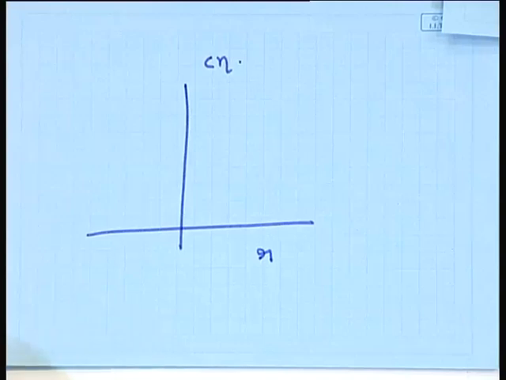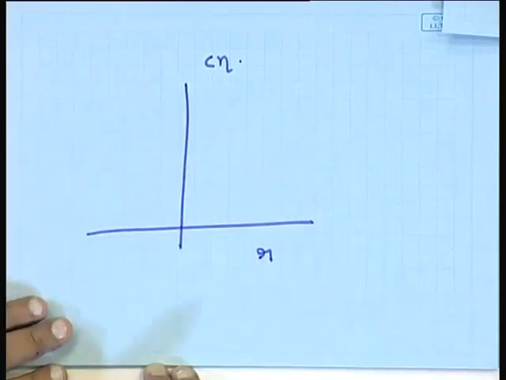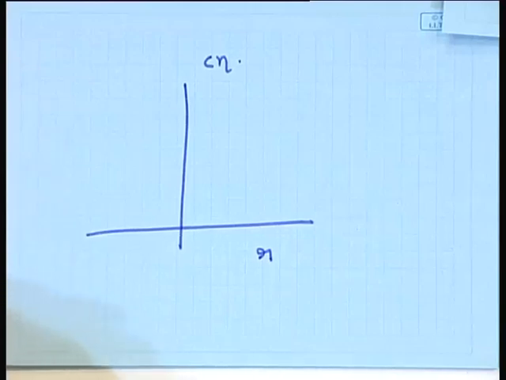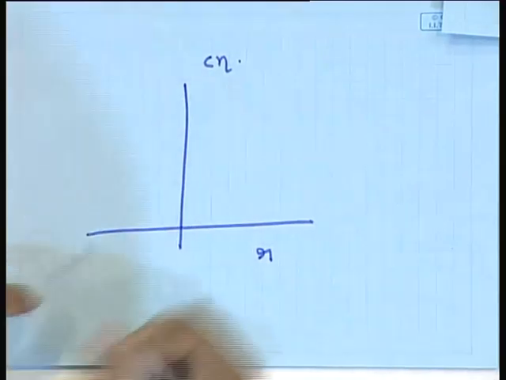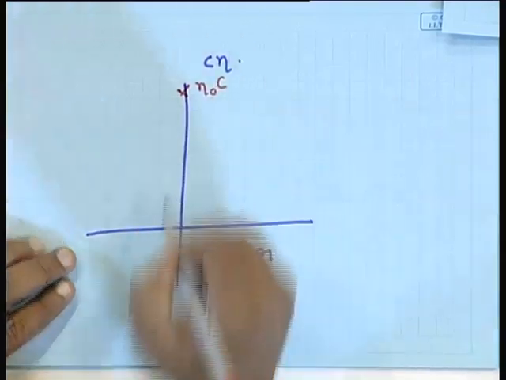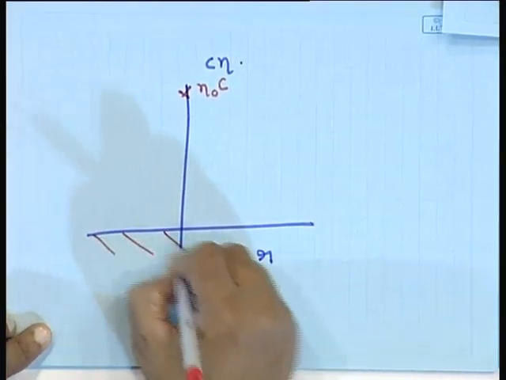In this spatially flat model, r is exactly equal to the comoving distance. So, I can just replace it with the comoving distance, and we are an observer sitting over here at eta naught. So, this is c eta naught, this is the Big Bang.